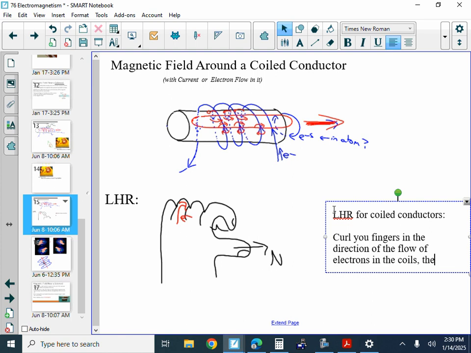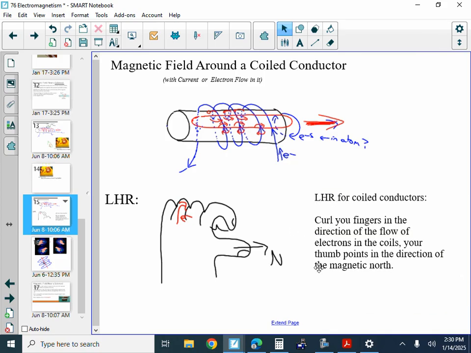Your thumb ends up pointing, let's just say, in the direction of magnetic north. So the magnetic field that's induced by that would be pointing to the right in this case.